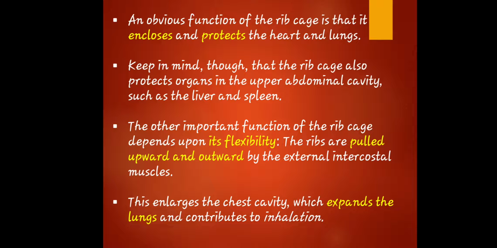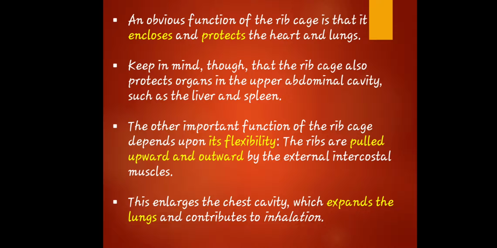The other important function of the rib cage depends upon its flexibility. The ribs are pulled upward and downward by the external intercostal muscles. This enlarges the chest cavity, which expands the lungs and contributes to inhalation.